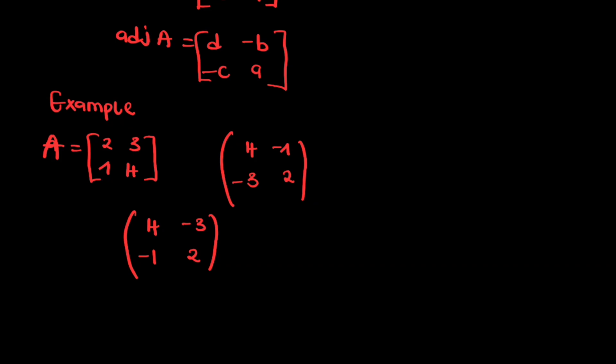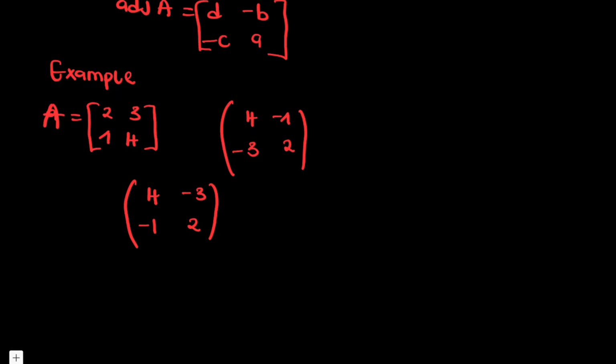But why go through this long step when we can just do this? We can just switch the positions of the elements at the leading diagonal. So we have 4 and 2, and we just change the signs of those which are not at the diagonal. This is minus 3 and minus 1.